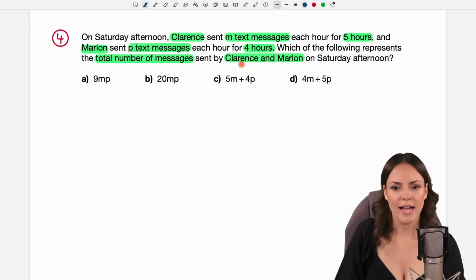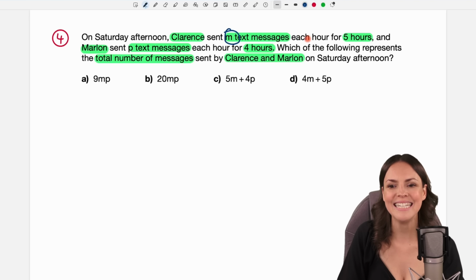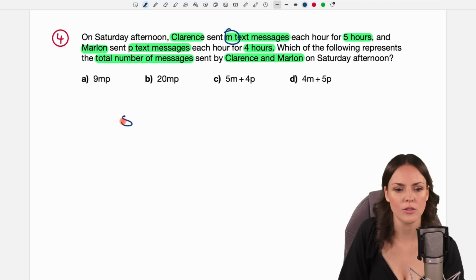Okay, so we have to figure out how many messages both of them sent in total. Let's start with Clarence. They tell us that he sent M text messages each hour for 5 hours. So if he sends M messages each hour, and he does that for 5 hours, then he sends in total 5 times M messages. So these are the ones from Clarence.